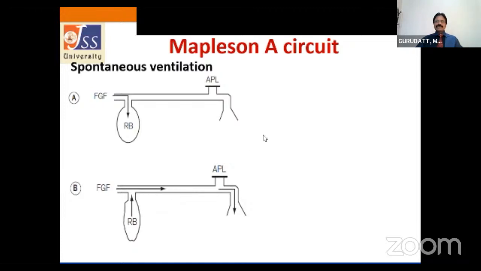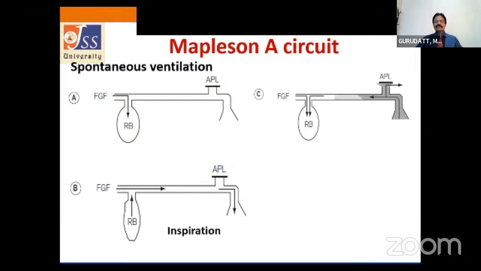So what happens during expiration, which is very important for us, is that the expired gases start moving out. The first gas to come out is the dead space gas, followed by the alveolar gas. Because I was telling you this, the corrugated hose can accommodate nearly 1 tidal volume of the patient. So the majority of these gases may not be able to reach the reservoir bag.